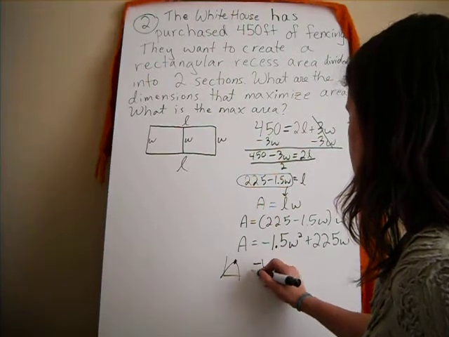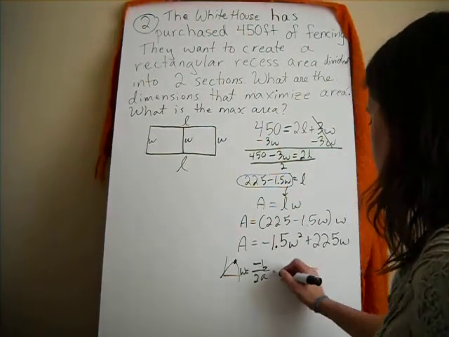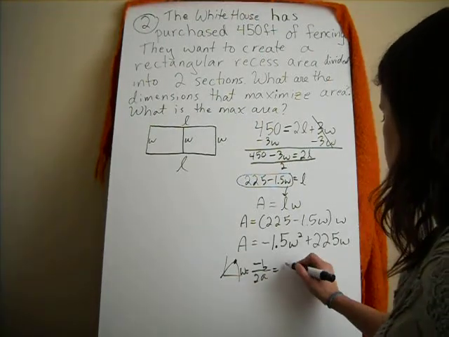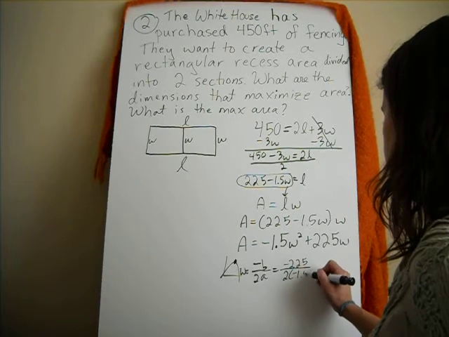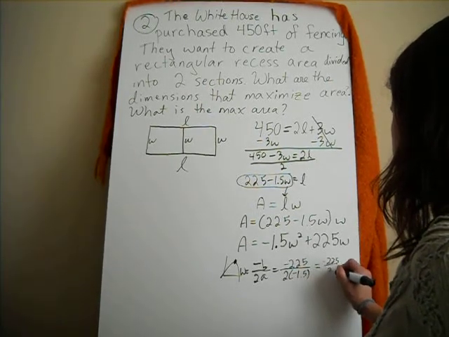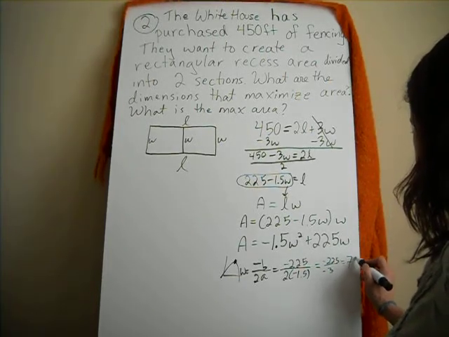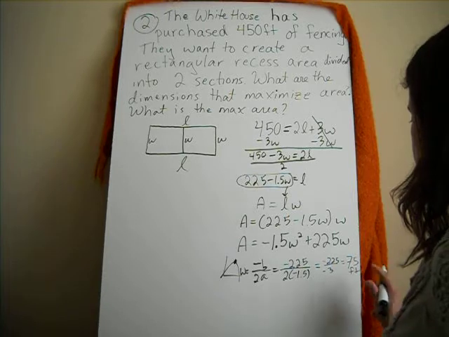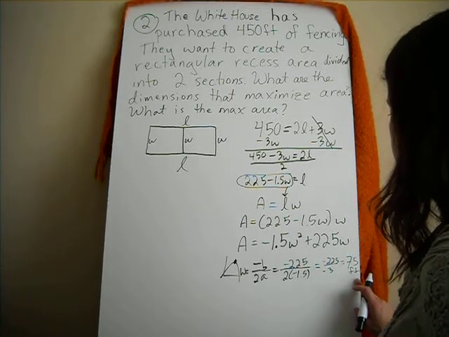So negative B over 2A will give you the W that will maximize the area. That's negative 225 over 2 times negative 1.5. And negative 225 divided by negative 3 gives us a value of 75 feet, because that's W. So when W is 75 feet, we have the maximum area.